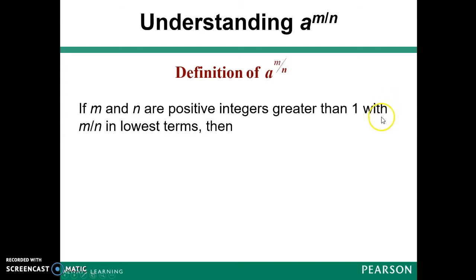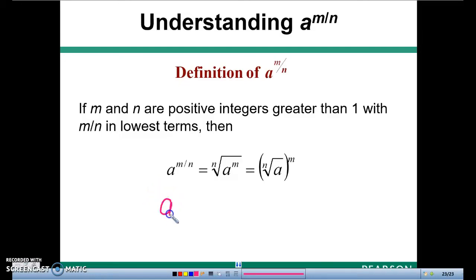Okay, so here is our full definition of rational exponents. If m and n are positive integers greater than 1, with m over n in lowest terms, meaning that it's been simplified, then I would write a raised to the m over n power equals, this is the first way you can write it.